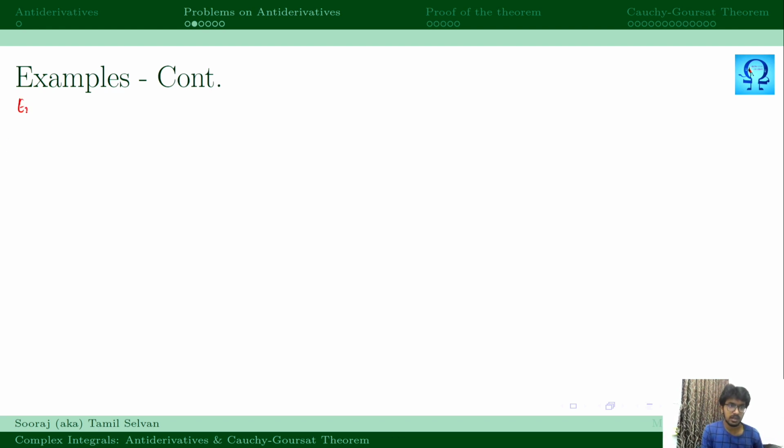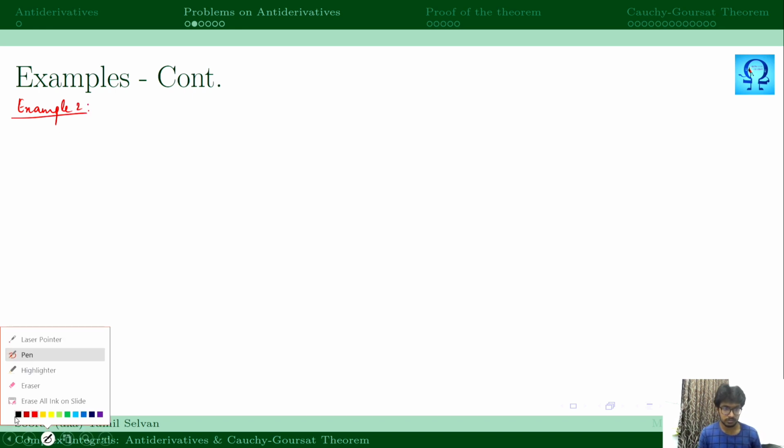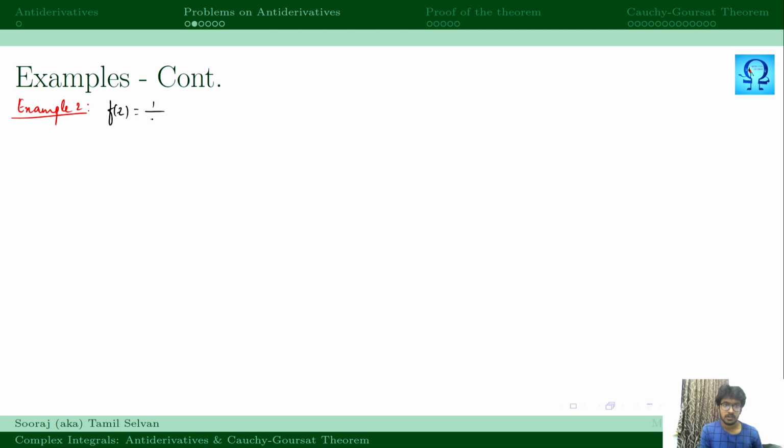So this is example 2. The function that we are about to consider is f of z equals 1 upon z square.